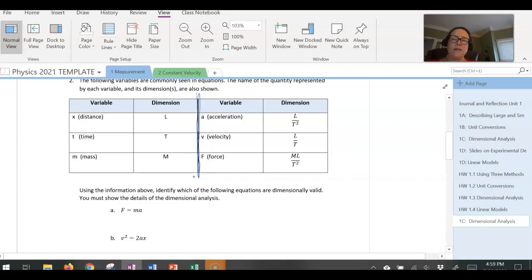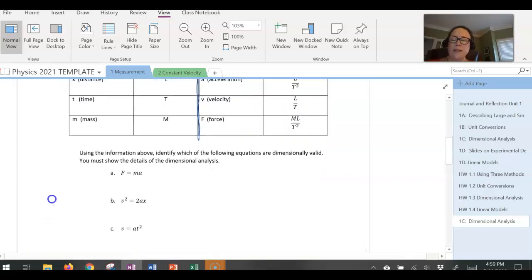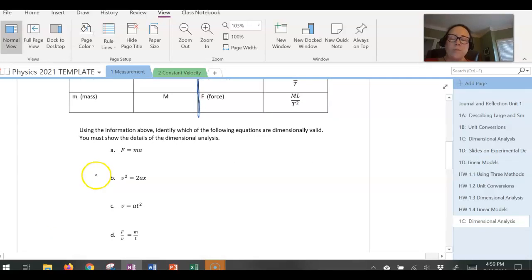But I can find the dimension for each of these 6 variables because at this point in our class, we're not expecting you to know that the dimension of force is mass times length over time squared, and so on. Okay, let's look at B. For the sake of time, I'm going to skip A.